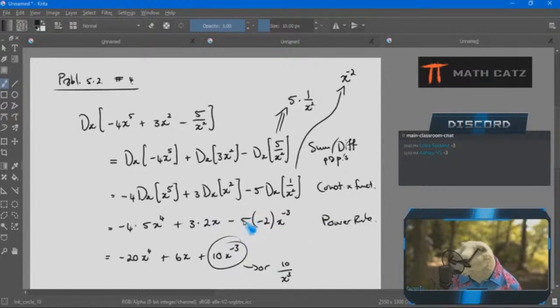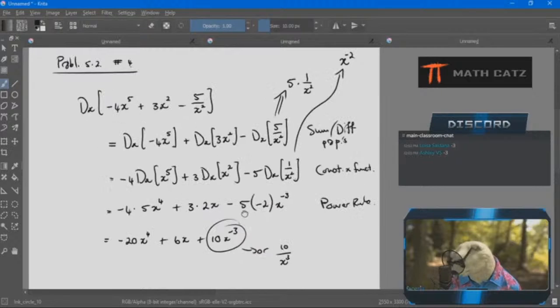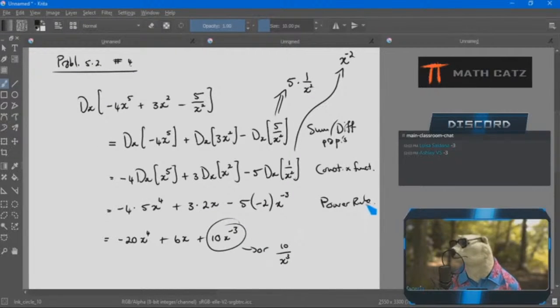Now, after a while, I'm not going to lie, I can't tell when that's going to happen for you, but after a while, you do start to look at this, for example, -4x to the 5, and you start to realize, well, the power rule is eventually going to happen, right?